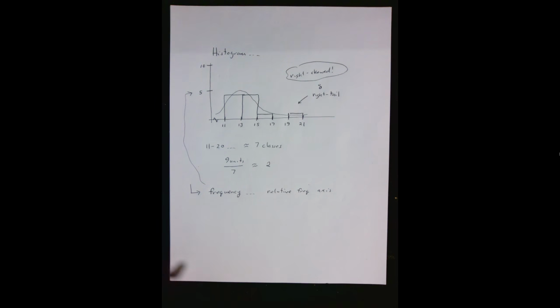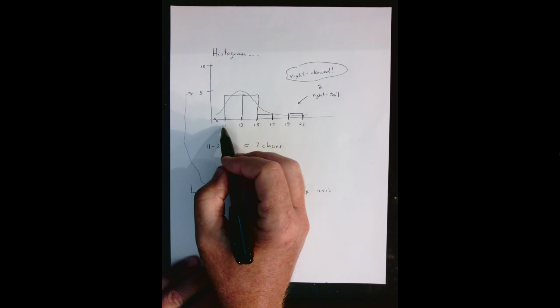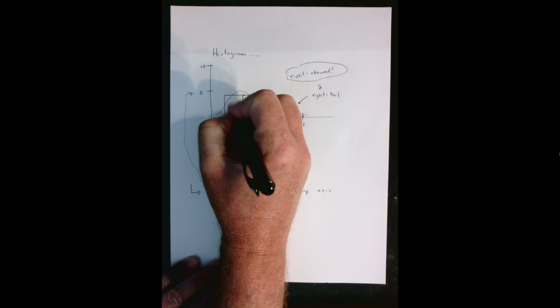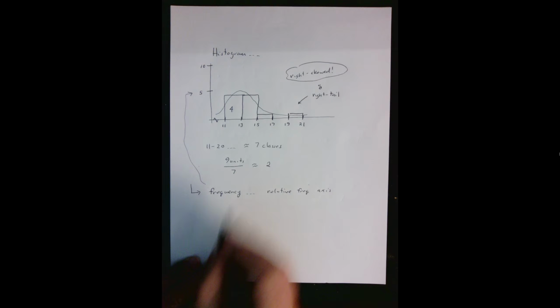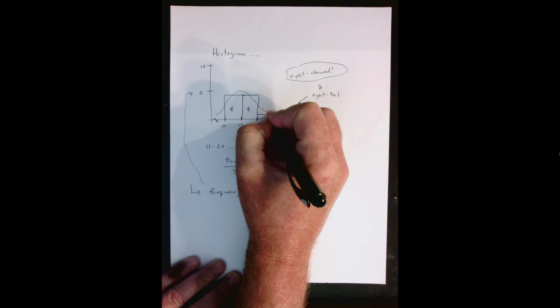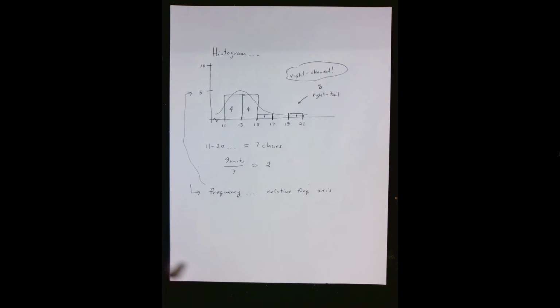And all we're going to do there is take the same graph that we just created. Notice from 11 up to, but not including, 13, we had 4 observations. From 13 up to, but not including, 15, we had 4 observations. We had a 1 and a 1. Now, relative frequency, hold on just a second. I need to grab my calculator.